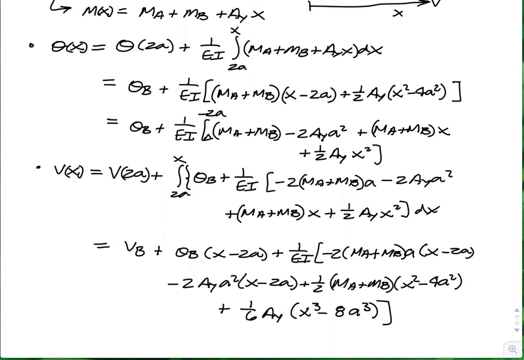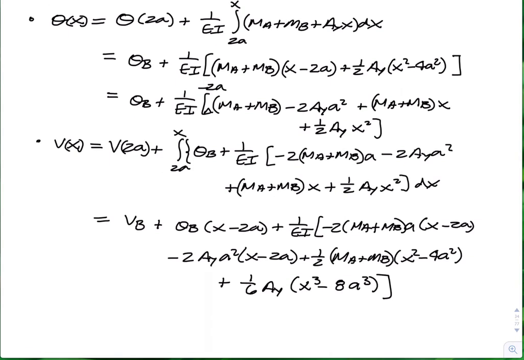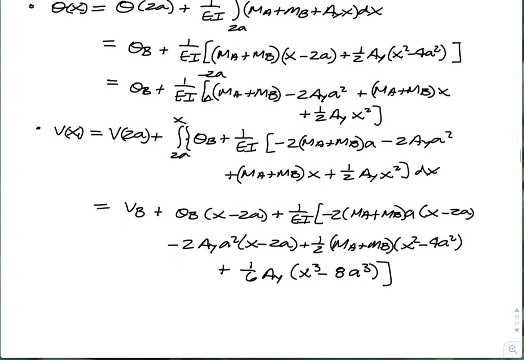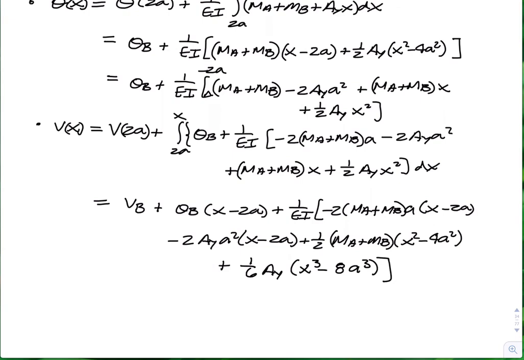But please keep in mind we can't quit, because we need to come up with those additional two equations that we had to solve for the reactions. We got MA, we got MB, we got AY, and we have the other reactions, AY and CY, I guess it is.